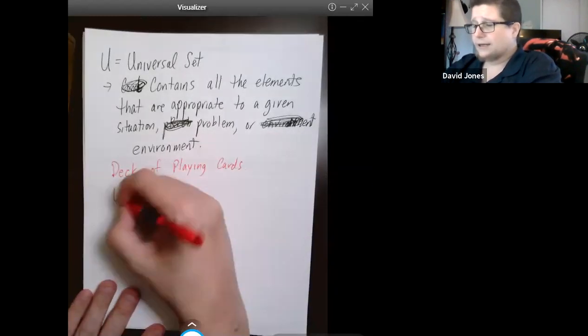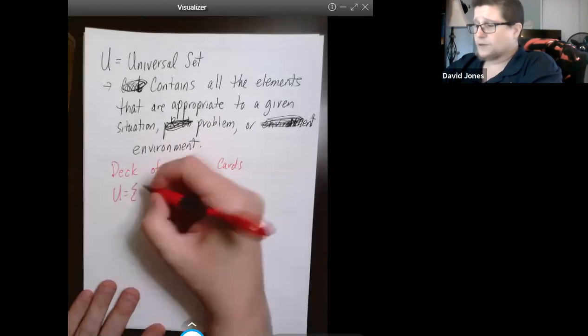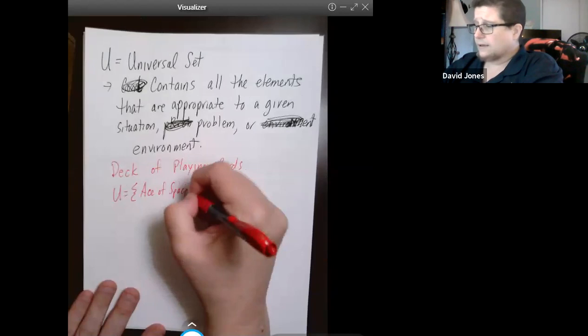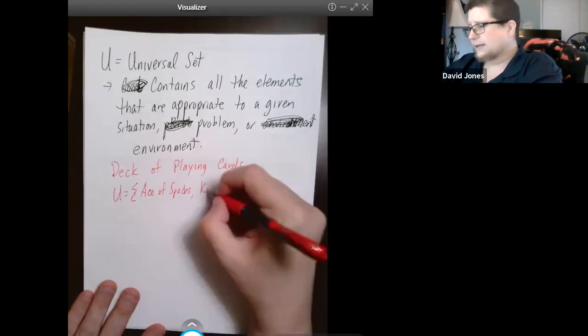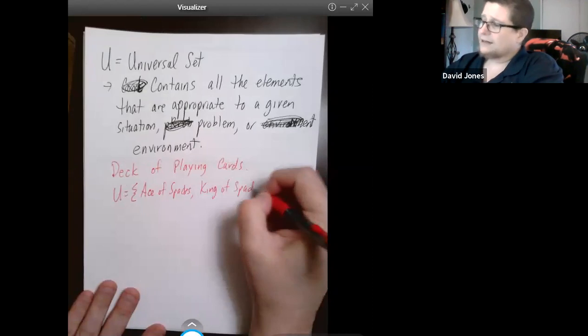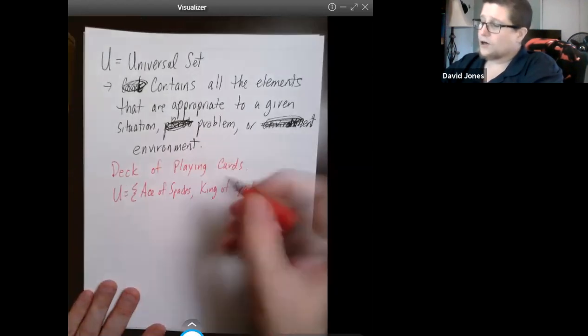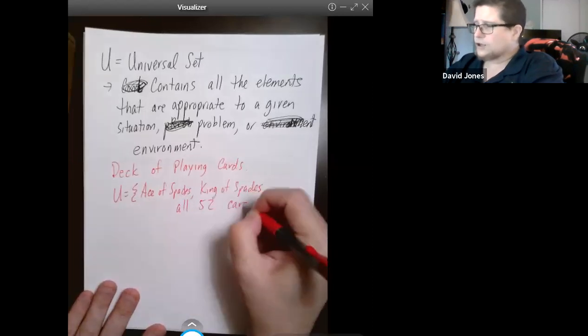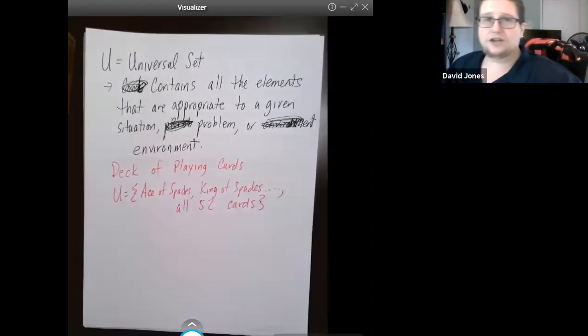U is ace of spades, king of spades, dot, dot, dot, and go through all 52 cards. So the universal set isn't just numbers. It can be anything. That's why I'm showing this. Let me put these cards away.